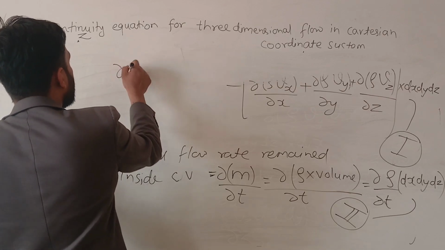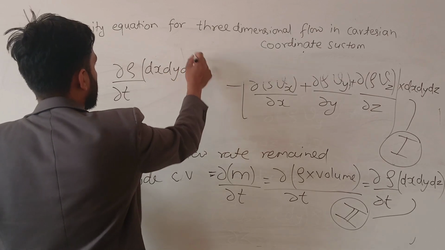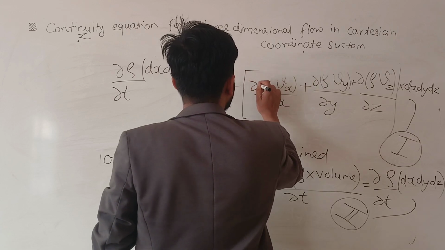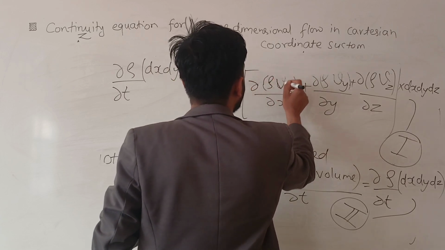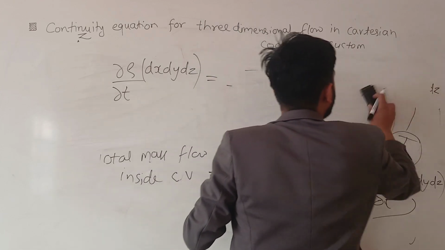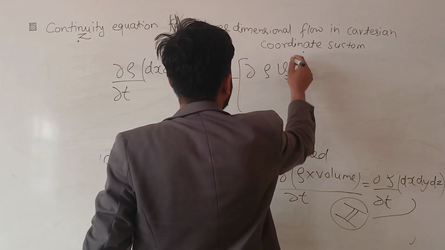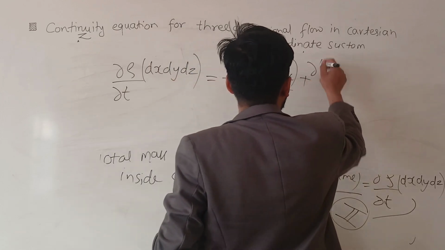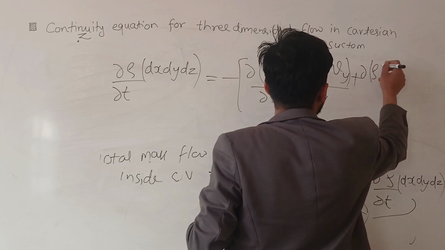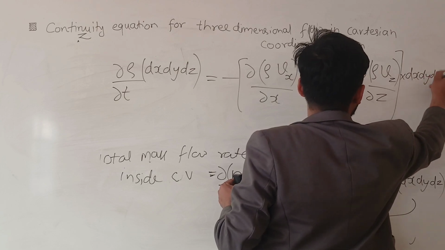So del rho by del T into dx, dy, dz is equal to minus common, del rho Vx by del x plus del rho Vy by del y plus del rho Vz by del z and into dx, dy, and dz.